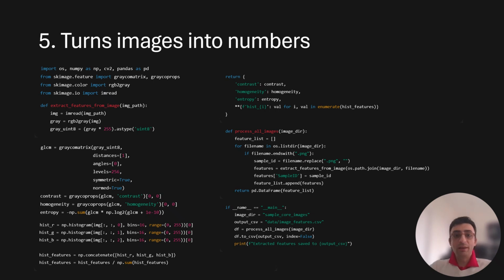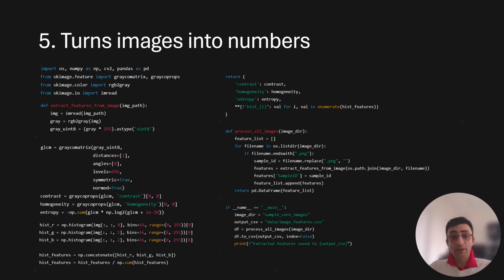PCA was a quick X-ray for the geochemistry only, but after that you will build features from images, save them to a tidy CSV, and then feed the combined data into a classifier such as random forest to actually predict stuff. So in this script, we have defined a function that turns images into numbers.